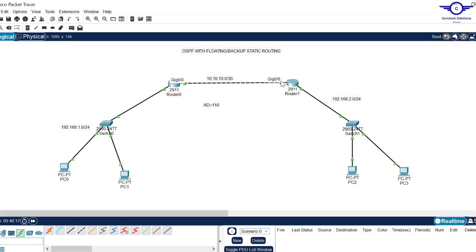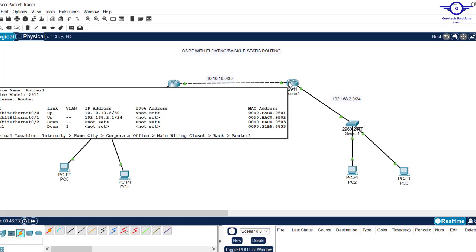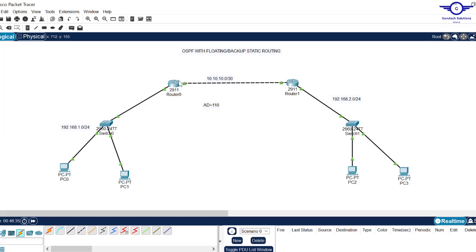So in this case, let me just use this one. Or you can use both. You can use gig 0/0 or this one. But in this case, let me just use the IP address of the next hop, which is 10.10.10.2.